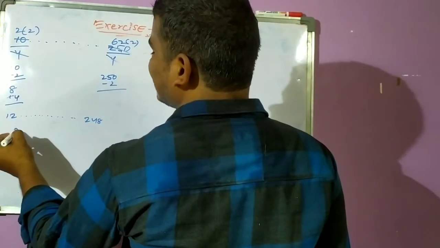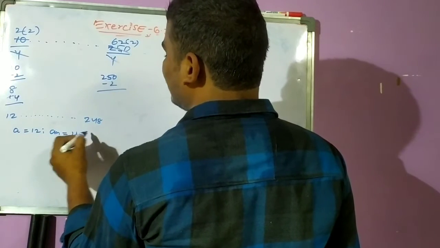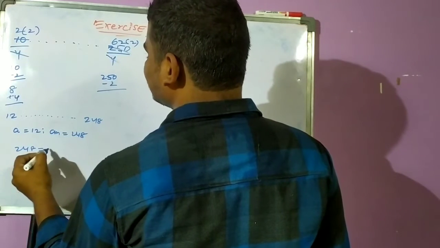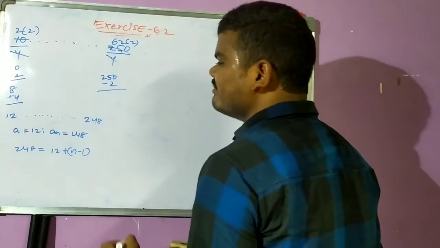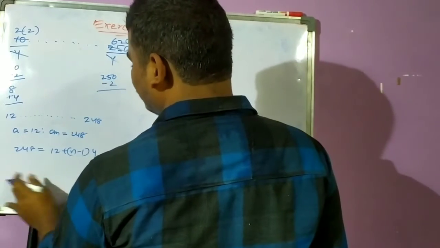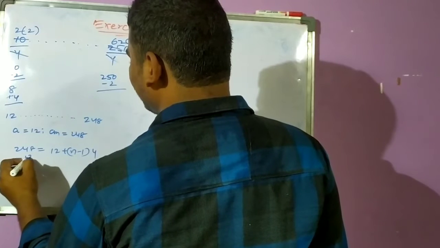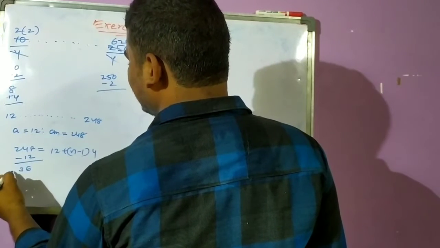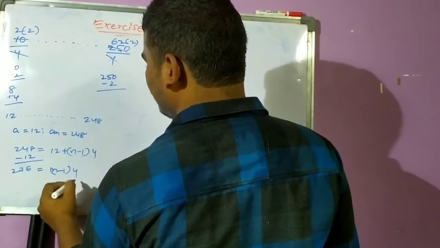Now, what is the nth term? a is equal to 12, and the nth term is equal to 248. 248 is equal to 12 plus (n minus 1) into d. What is the d value? The common difference is 4 in the whole sequence. Coming to this side, 248 minus 12 is 236, which is equal to (n minus 1) into 4.